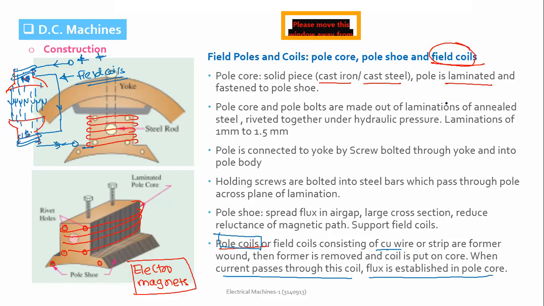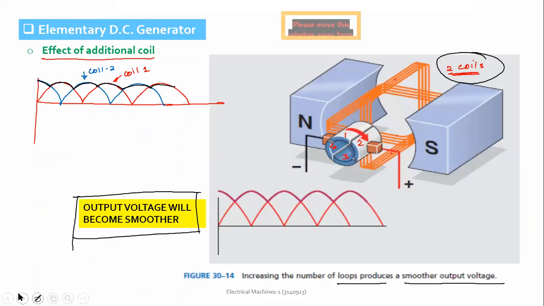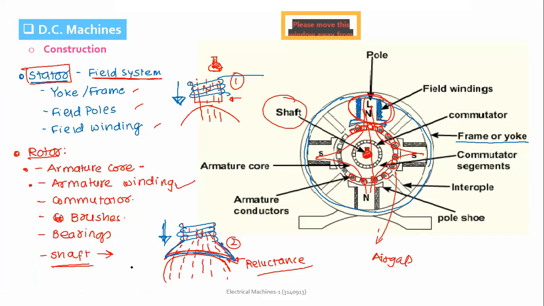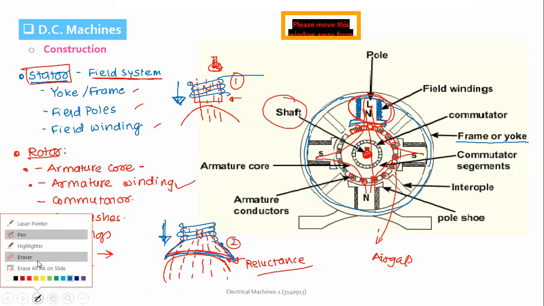So this will form the stator part of the machine. So the stator part has a yoke or frame. Okay, let me show you. Okay, on the stator part, it has a yoke or frame. One minute.